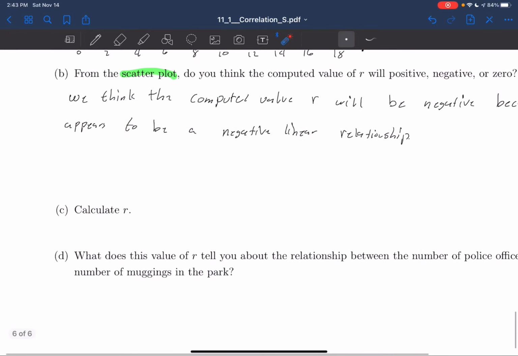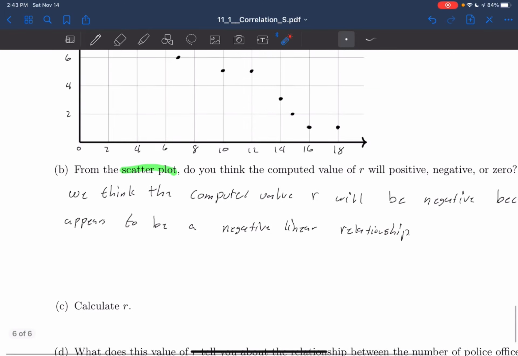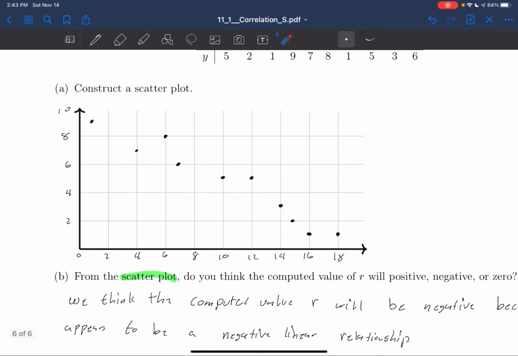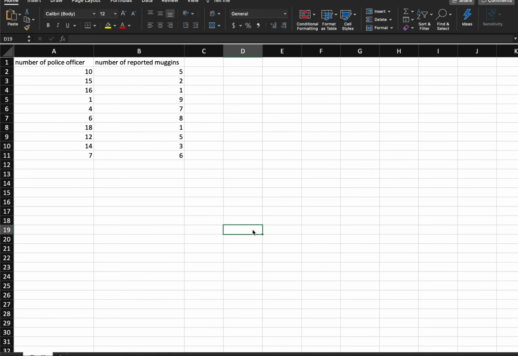So we want to calculate R here. For that, we're going to need to use Excel. So here I opened up another Excel sheet, and I already inputted our data set here. The X values will be the number of police officers at that park, and Y will be the number of reported muggings on that day at that park.